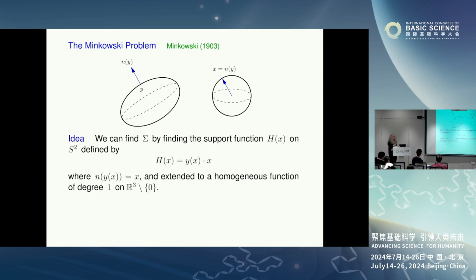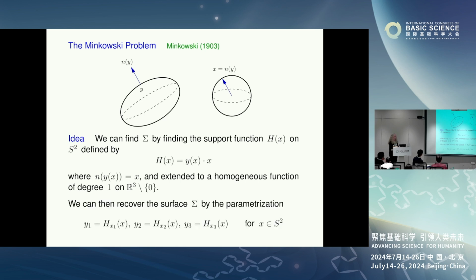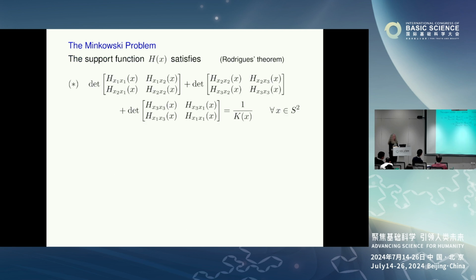The idea is to find sigma by finding its support function h of x on the unit sphere. We can then recover the surface sigma by differentiating h. The support function satisfies a differential equation on the unit sphere.